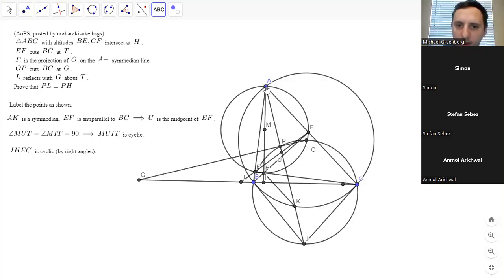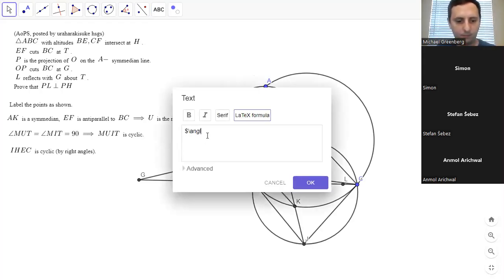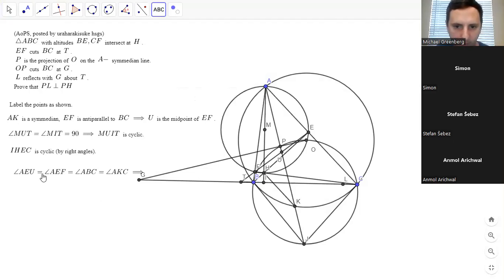We could just say angle AEU is angle AEF, which is angle ABC, which is angle AKC. And that means that KUEC is cyclic.